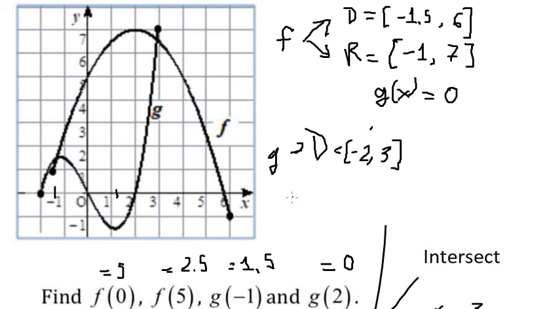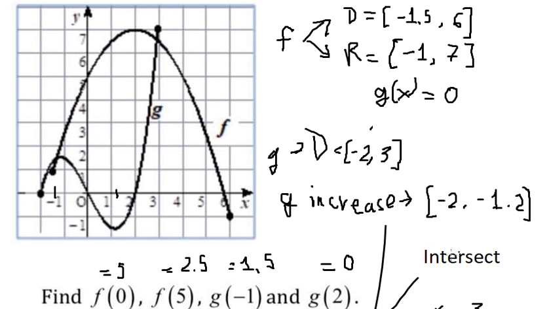From negative 2 to somewhere around negative 1.2, just an estimation, and the next location is about 1.2, and this one goes to 3, because when s is at these locations, they increase in here and here.